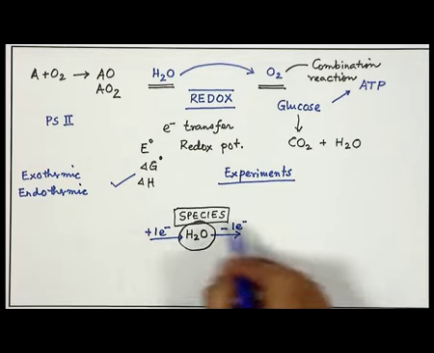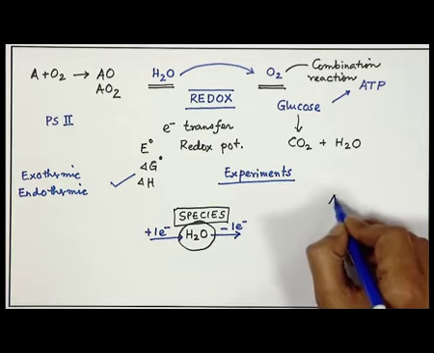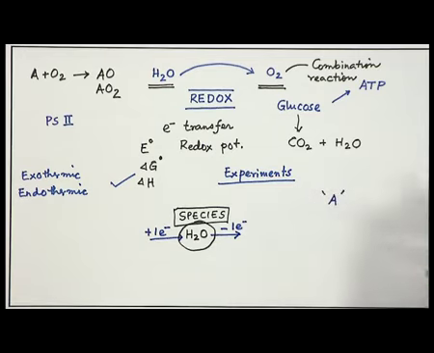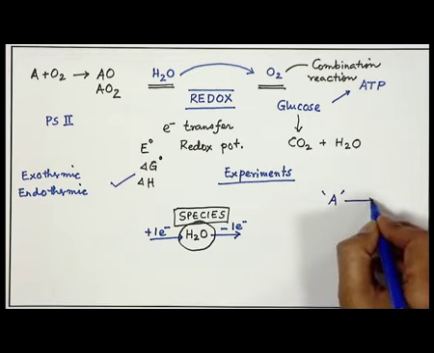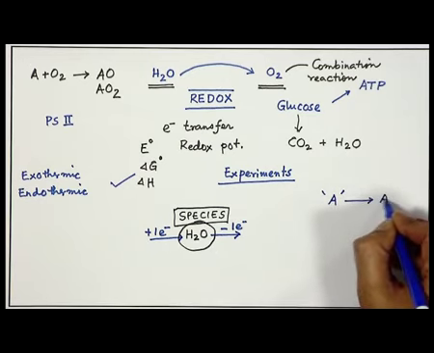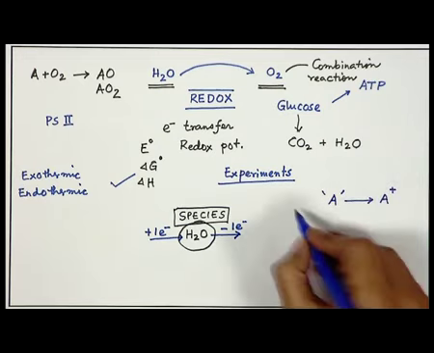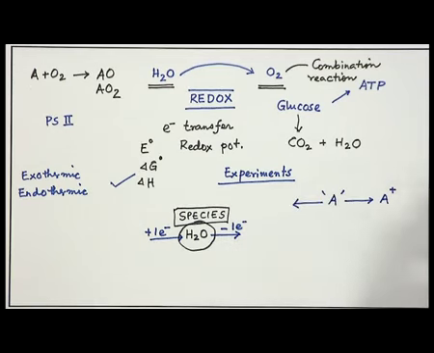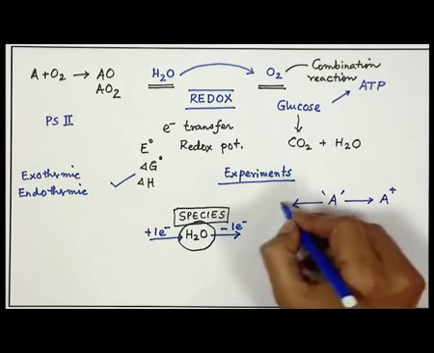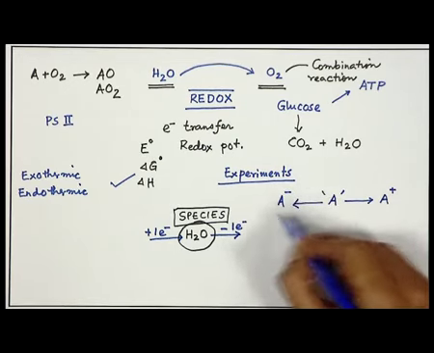So, how stable are these? That is very important in relation to the same species which we are considering as A. So, if A is losing that electron, A will give you A plus, and if A accepts one electron, we get A minus. So, what about these things?